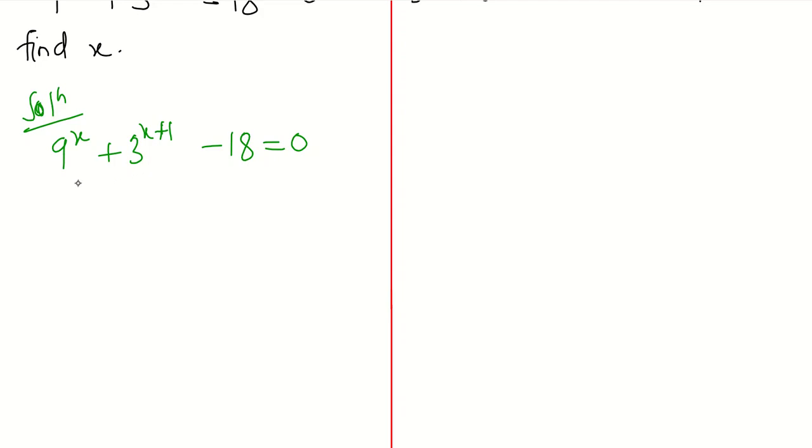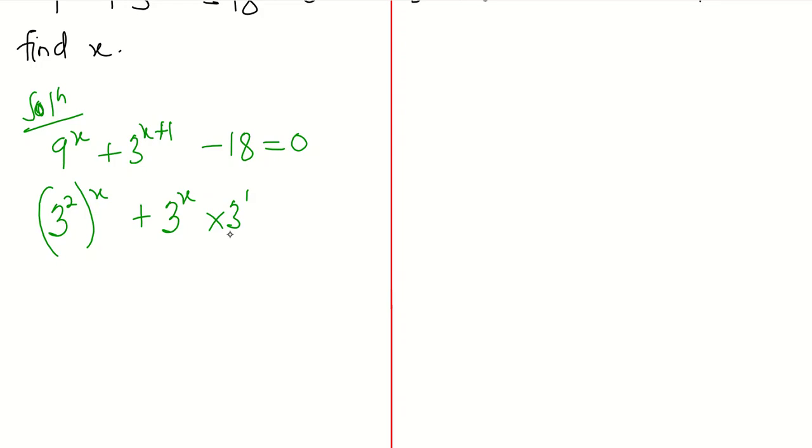So we can write 9 as 3 exponent 2, all exponent x, plus. Now at this point, what do we see? The exponents are adding and have one base, which means that originally it is 3 exponent x times 3 exponent 1.